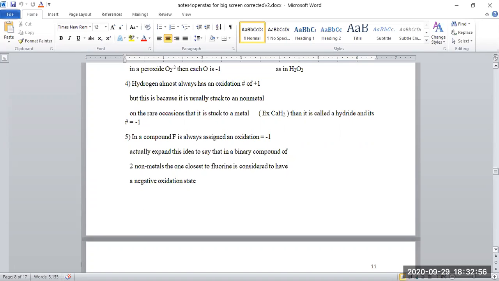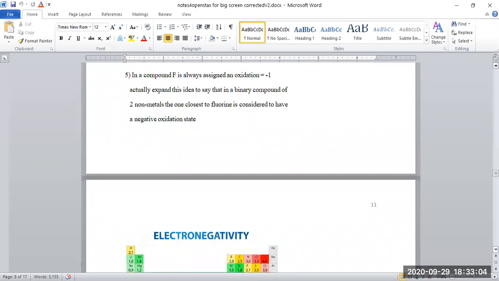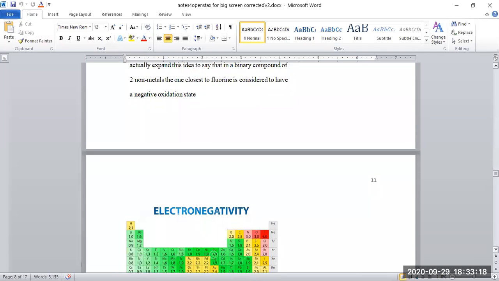Now, that part's not unusual, but it also allows us to begin to look at some of the things that we saw back in the nomenclature when we stuck two nonmetals together and we said, just pretend the first one is positive. This is kind of based upon oxidation numbers.